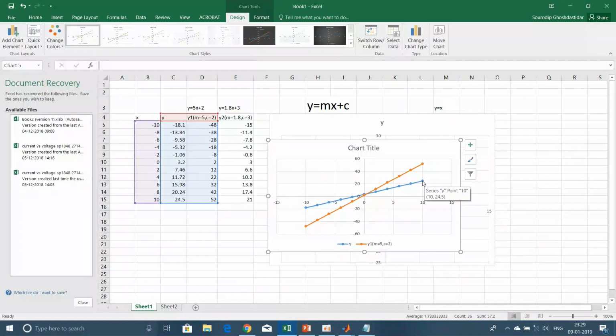So what we do is find out the difference between the experimental data, the actual raw data we have, and the predicted values.